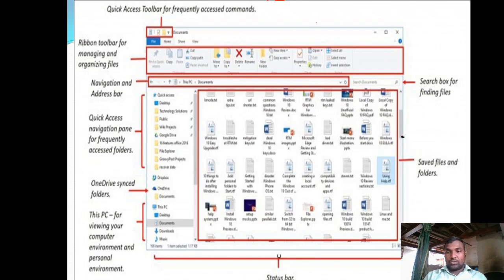Here this is the search bar, a search box for finding files as well as folders. We use this search box to find files and folders which were created earlier in different locations and stored in different folders.